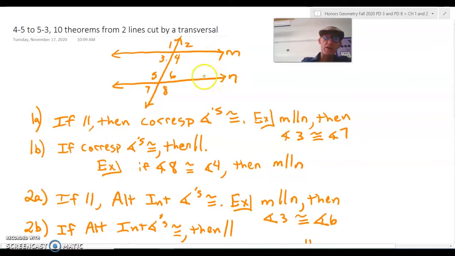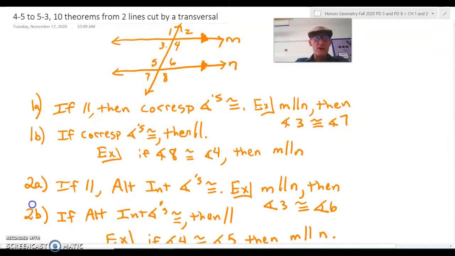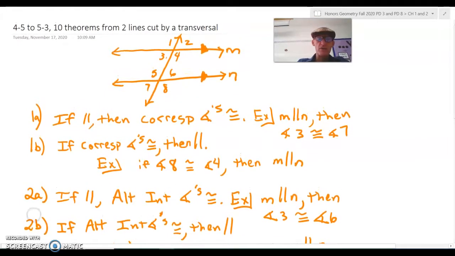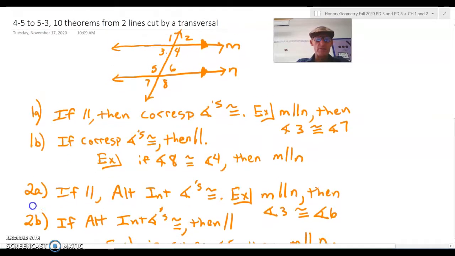Now, the symbol for parallel, sometimes you see it on the lines like this. That means parallel. Okay? And then 2A, if the lines are parallel, the alternate interior angles are congruent.